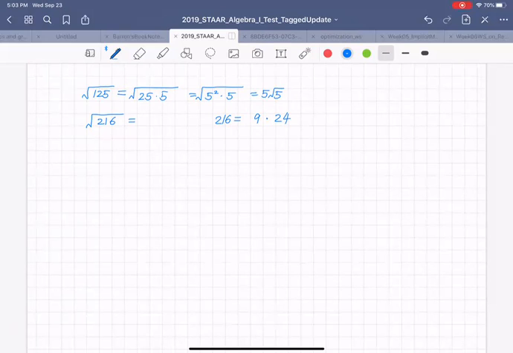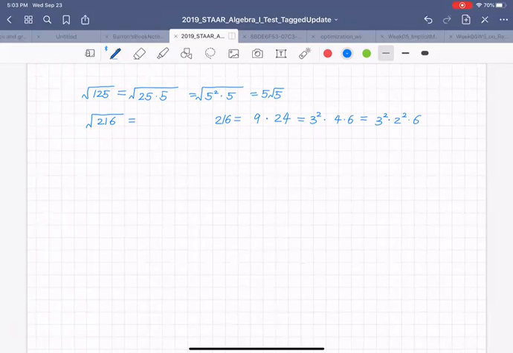Now, 9 is 3 squared, right? Yes. 24 is what times what? 6 by 4. 4 by 6. Correct? Yes. 4 is whose square? 2 squared. All right.